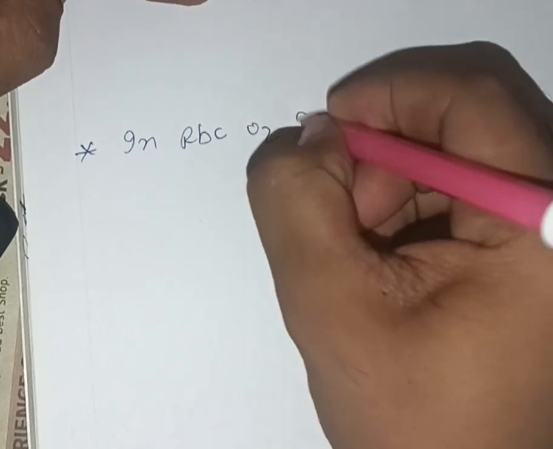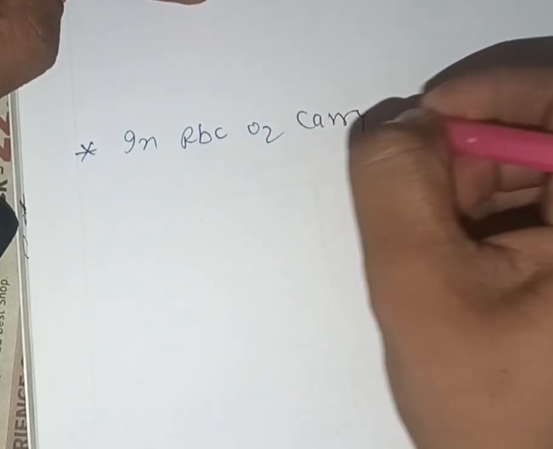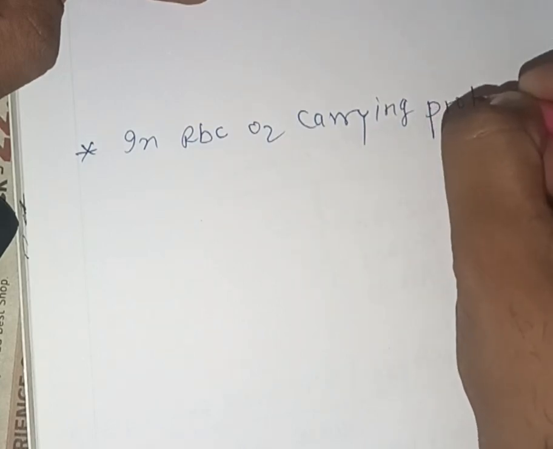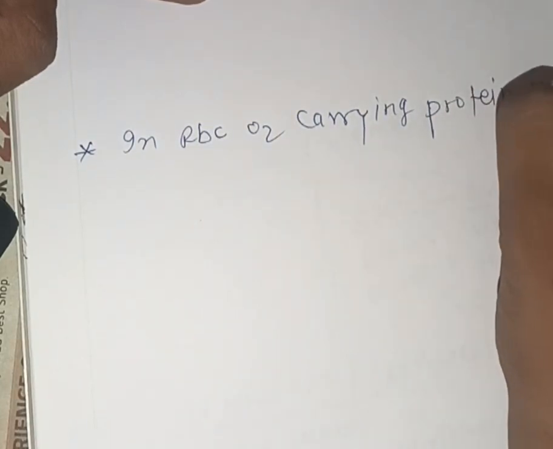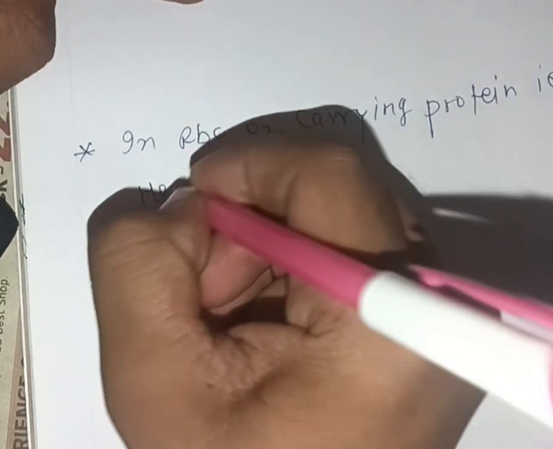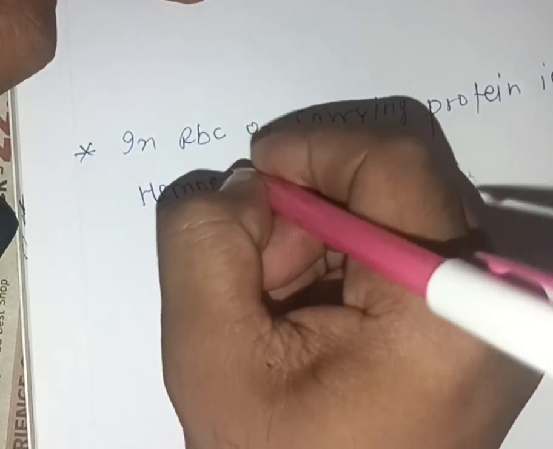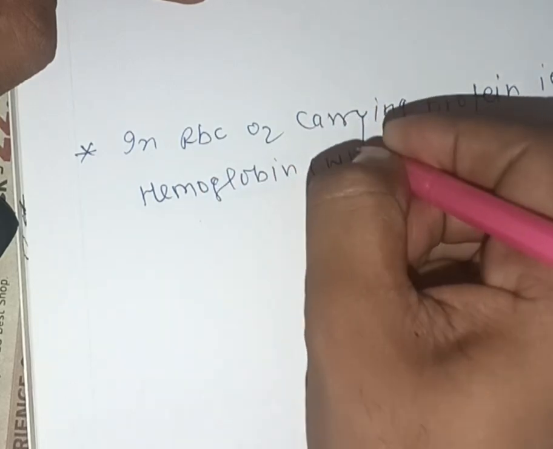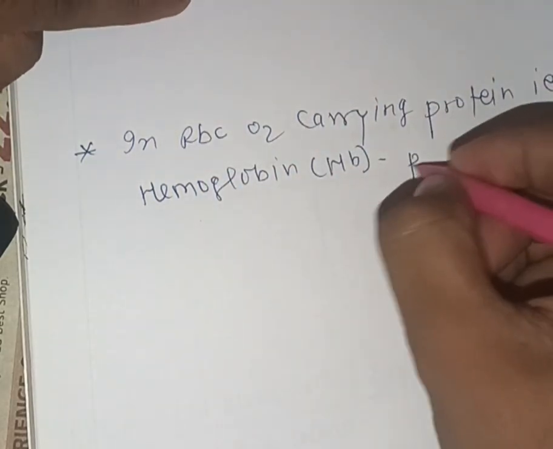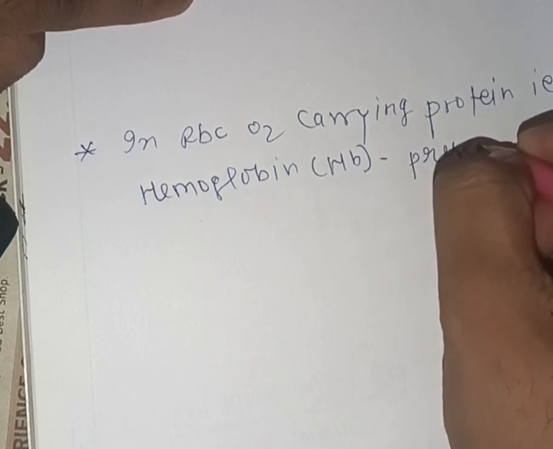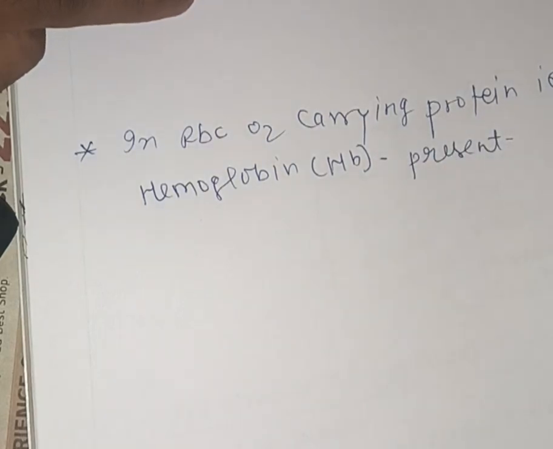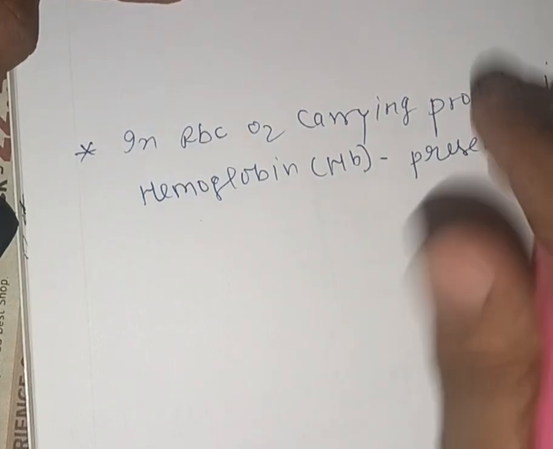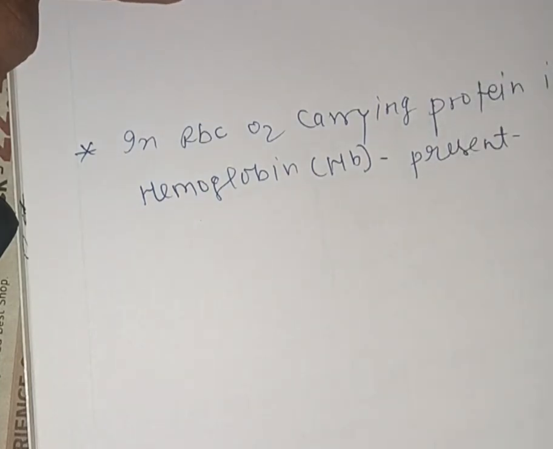It is an oxygen carrying protein, that is hemoglobin. In short, we say it HB. Hemoglobin is the oxygen carrying protein which carries the oxygen in the RBC.